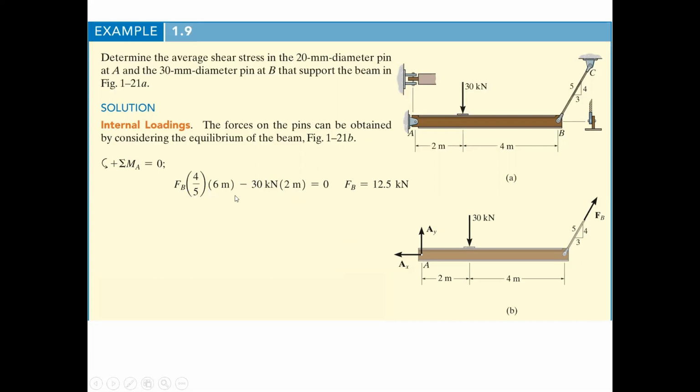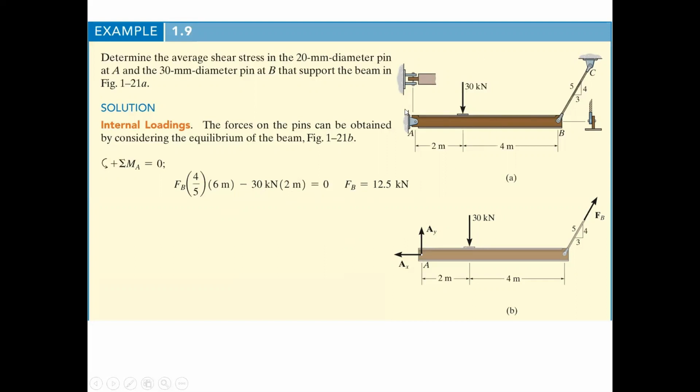So what you want to do if you struggle with coming up with these equilibrium equations is just go back and restudy that material, practice these problems of how you find these forces, okay? Because it's just a matter of writing the free body diagrams and applying your equilibrium equations that you learned from statics.